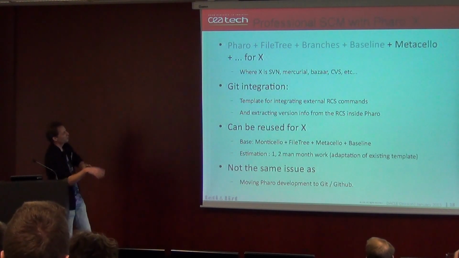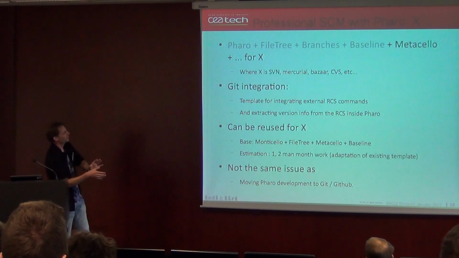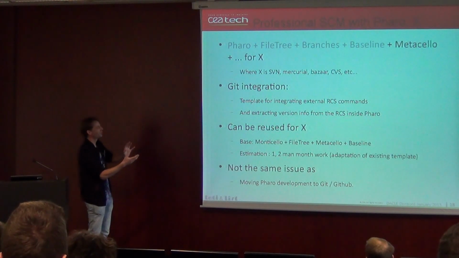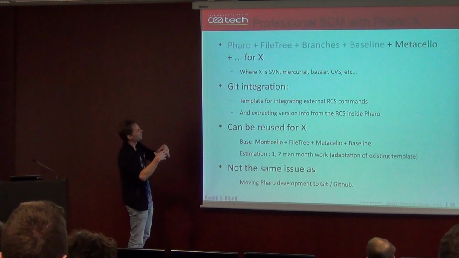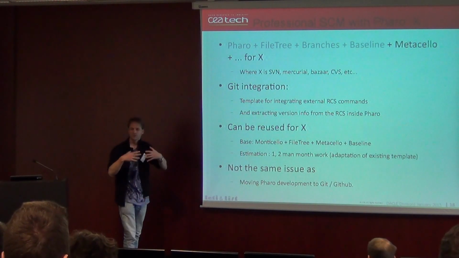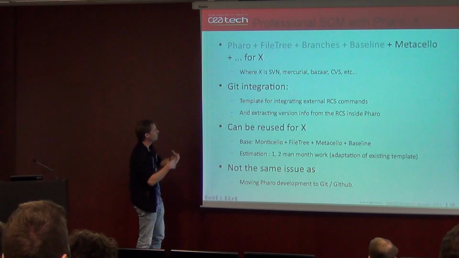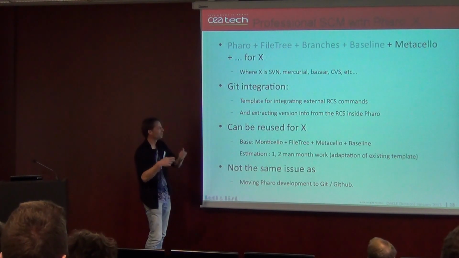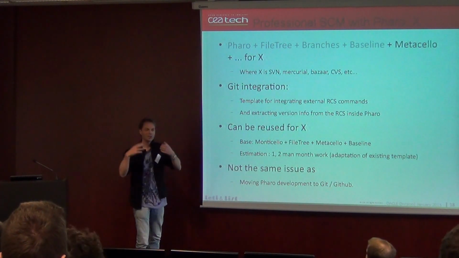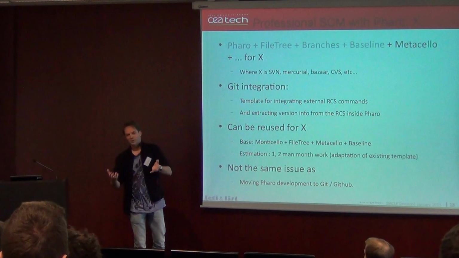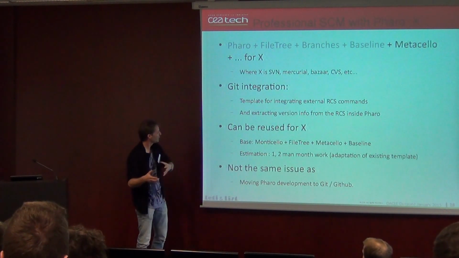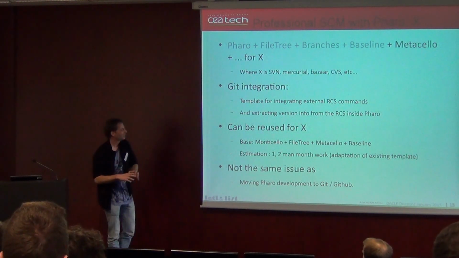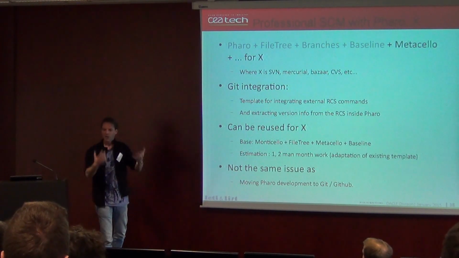But what it says is that Pharo plus file tree plus branches plus Monticello metadata plus a few other things is going to work for X, your version control system, where X is going to be SVN, Mercurial, Bazaar, CVS. I don't know much about the one that you pay a lot of money to use and these other things. I know only of one. But that means we have that.